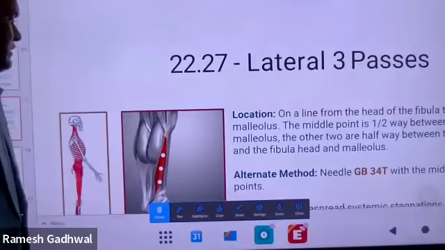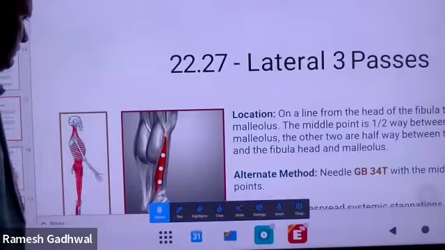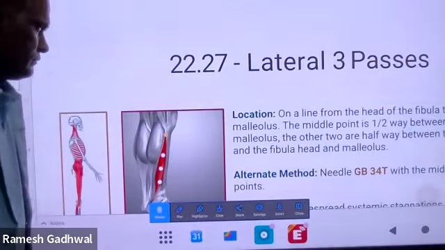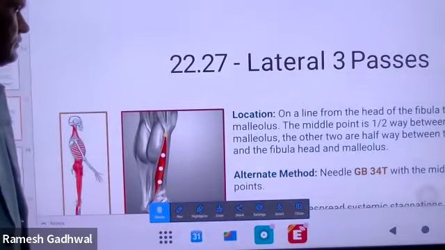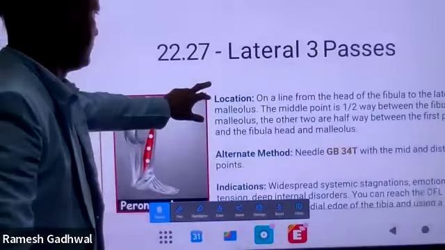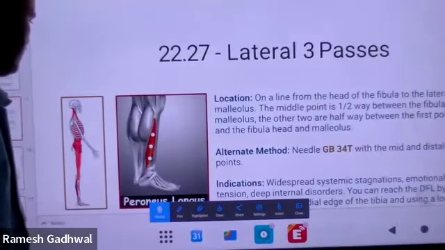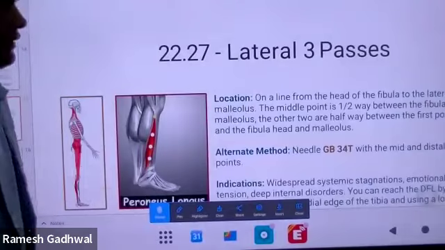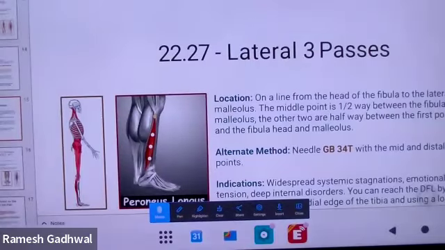22.27 lateral three phase. Is it right or wrong? Is this point location right or wrong? Is the name right or wrong?